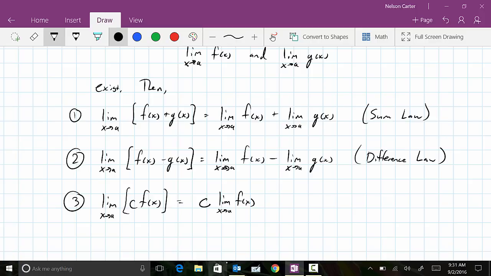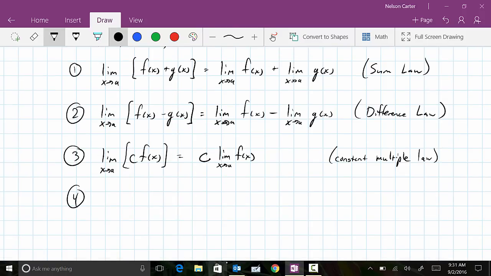And once you find out what that limit is, then you can just multiply that limit by that multiplier c, and then you're done. This is called the constant multiple law.